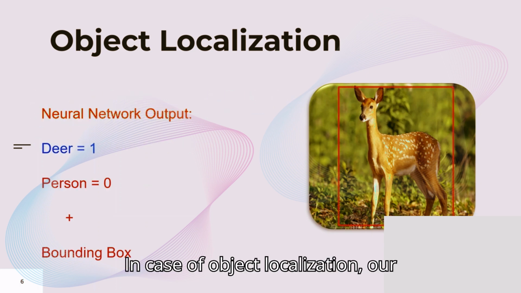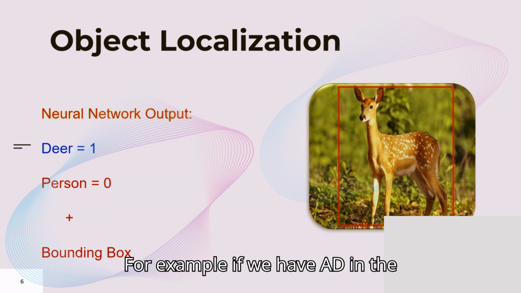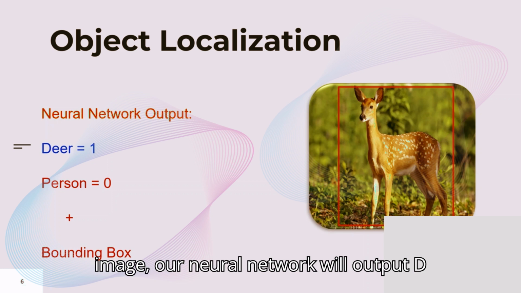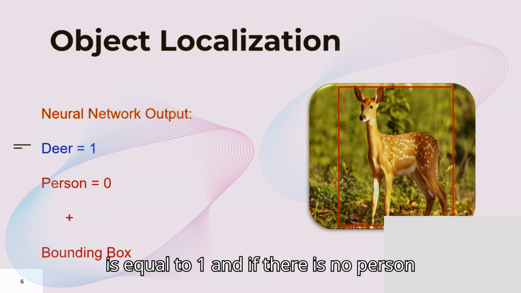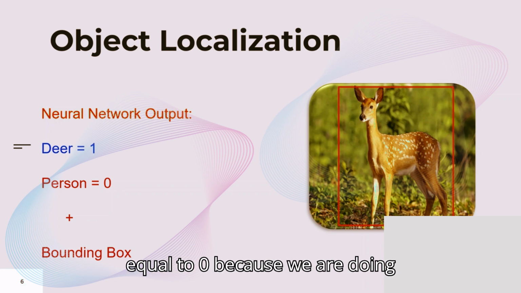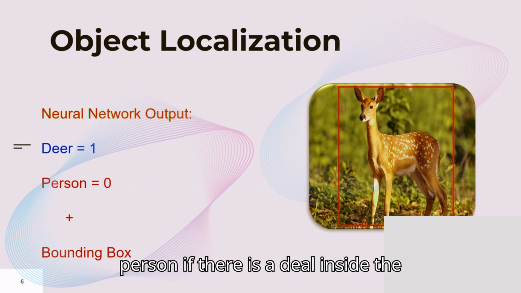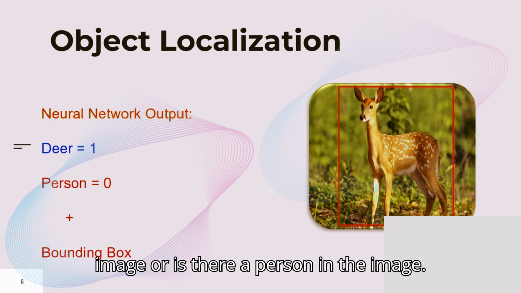In case of object localization, our output will be in a form like this. For example, if we have a deer in the image, our neural network will output deer is equal to 1. And if there is no person inside the image, person is equal to 0, because we are doing classification of deer and person: is there a deer inside the image, or is there a person in the image?